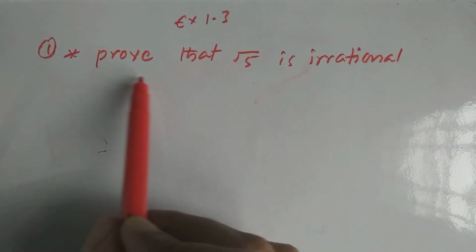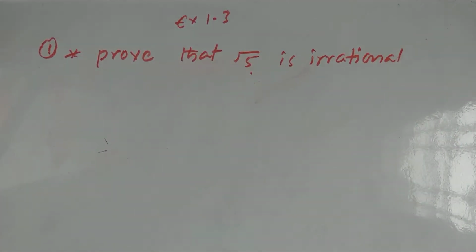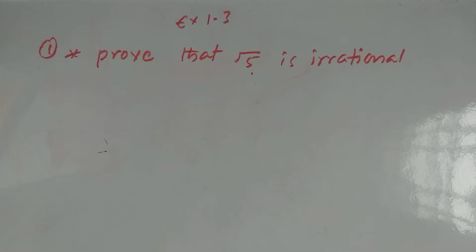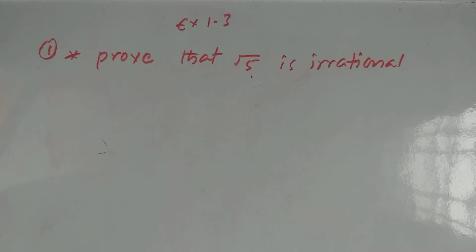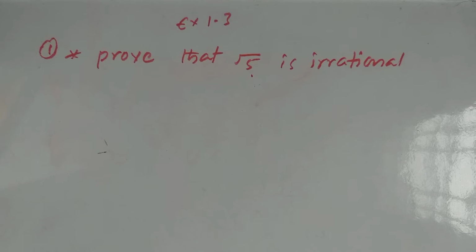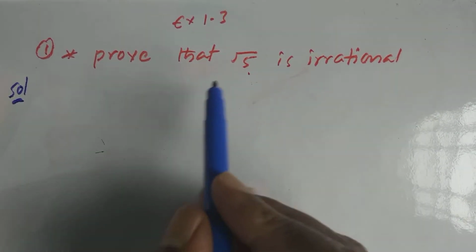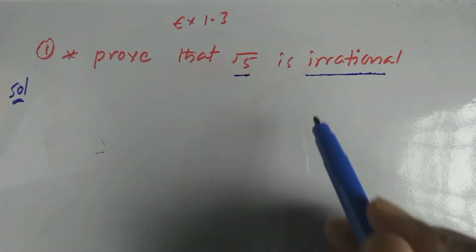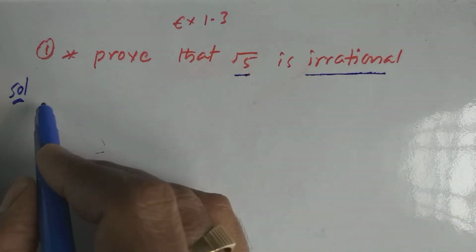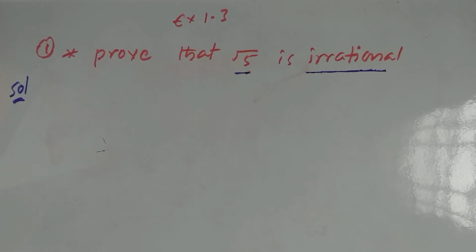This is our problem. Prove that root 5 is irrational. This problem we will prove by the indirect method. So I am assuming in the solution: actually we need to prove that it is an irrational number, but I am assuming it is not irrational.